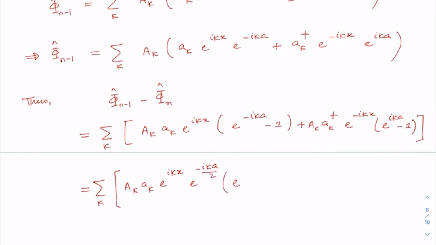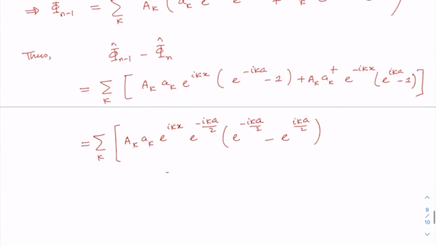Then here I will have e to the power minus I ka by 2 minus e to the power I ka by 2 and plus ak dagger e to the power minus I kx e to the power I ka by 2 into e to the power I ka by 2 minus e to the power minus I ka by 2.